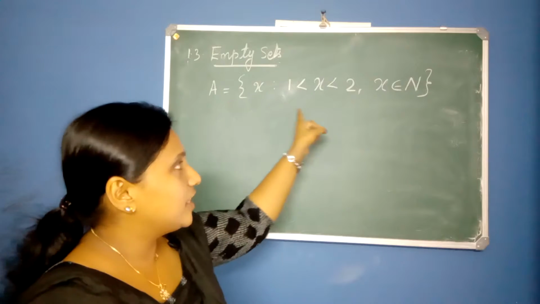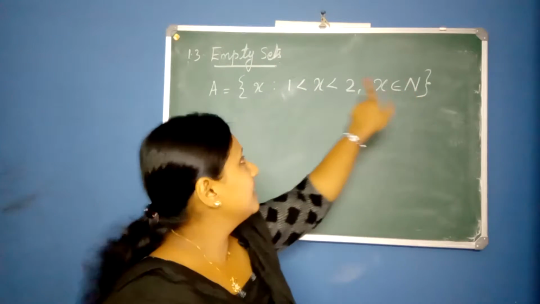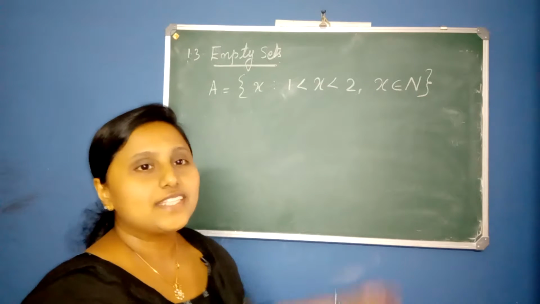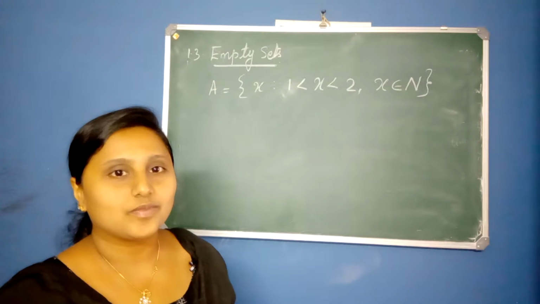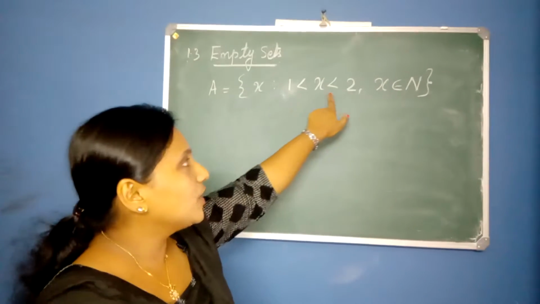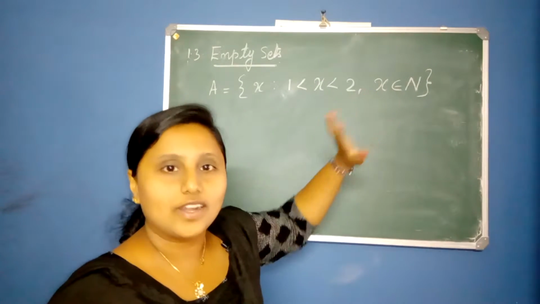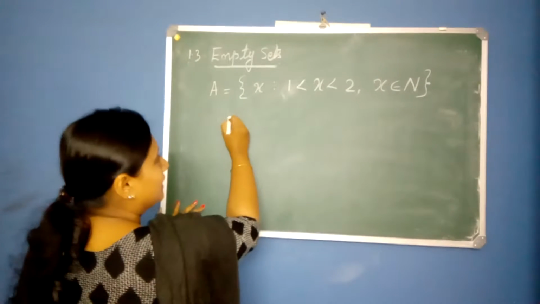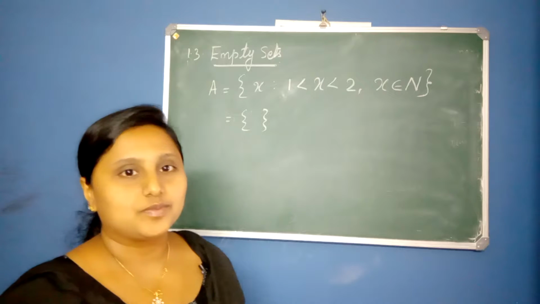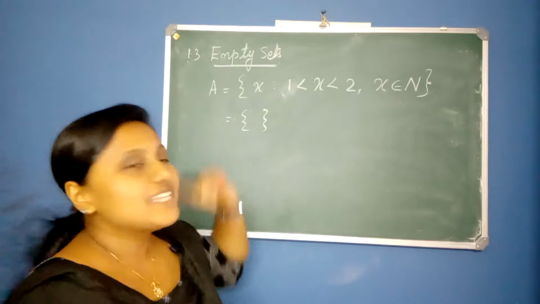A is the set of all natural numbers lying between 1 and 2. Which are the elements of this set? No element. There is no natural number lying between 1 and 2. So, there is no element in the set A. This is an empty set.